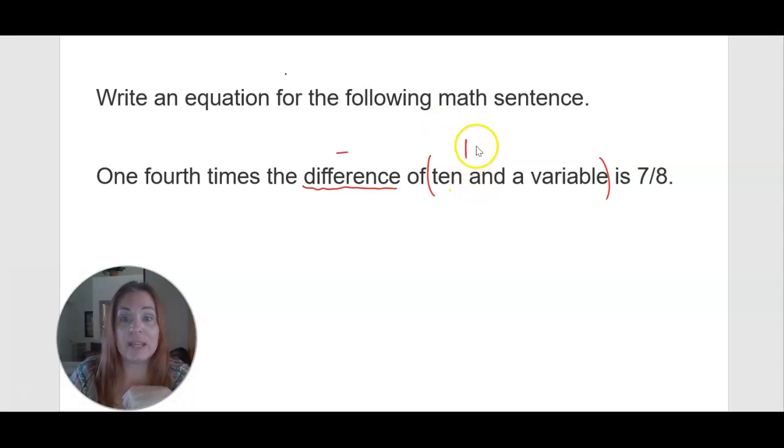So that would be 10 minus, they don't tell us which variable to use, so I'll use A or X or B, or you can use any variable. Then we're doing 1/4 times that. So let's write our difference first. The difference of 10 and a variable would look like this.